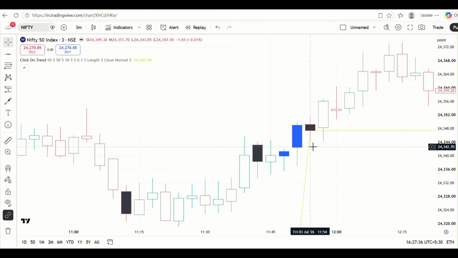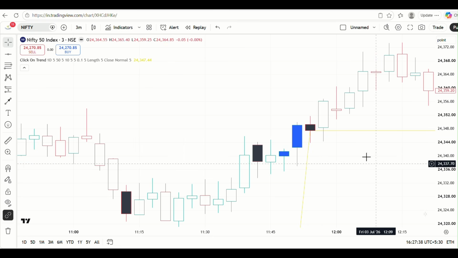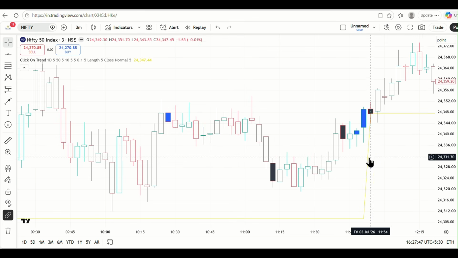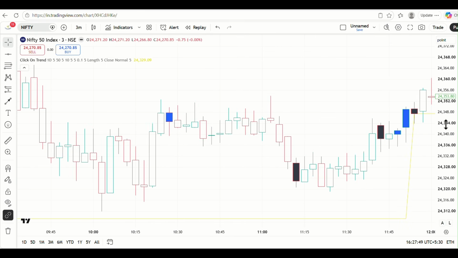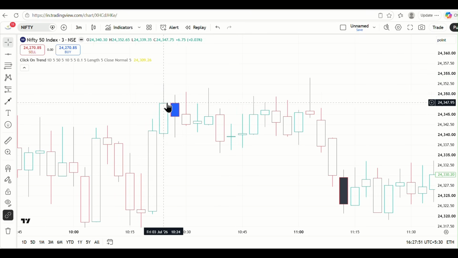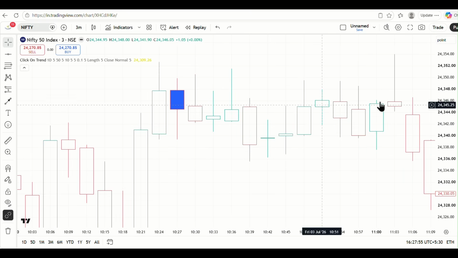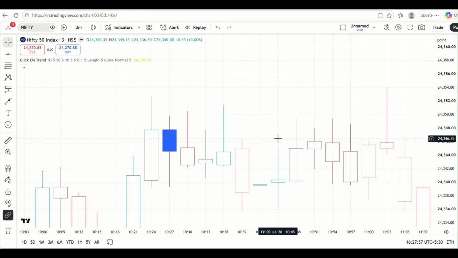Now sometimes, as you know, nowadays there are algorithms, there is use of AI, there are many things coming into the market, and people are using so many apps, and because of that there are many challenges for the big players also. So what they do, they show you fake moves.